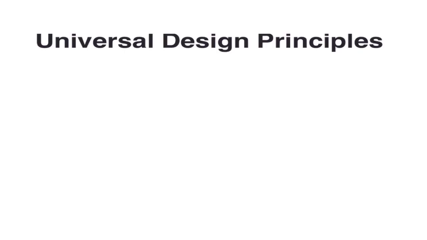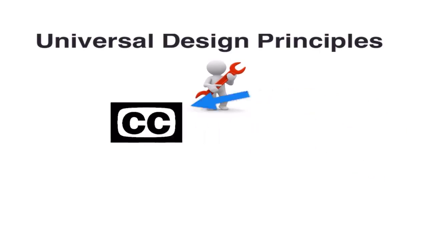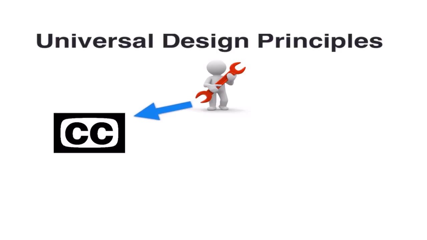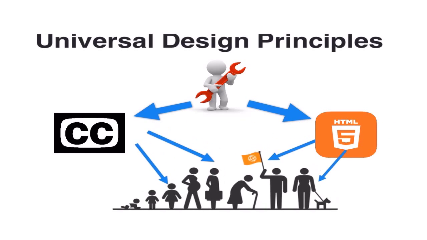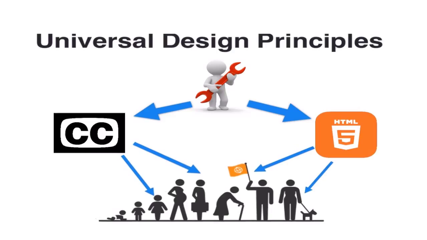Universal design principles are essentially a set of guidelines that help developers create accessibility features in the design of their products. Examples of this can be as simple as the inclusion of closed captions on videos, or as complex as the recent changes in HTML5 that are designed around allowing websites to be navigated in multiple ways using assistive technology.